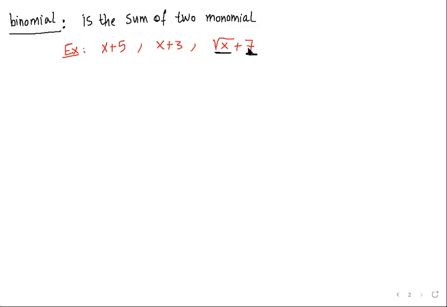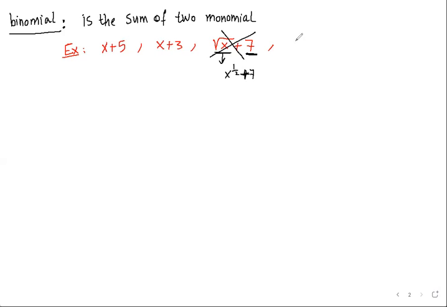No, exactly. Why? Because this is x to the power 1/2, and the 1/2 is not a natural number. So this is not a binomial. Okay? So this is not a binomial.